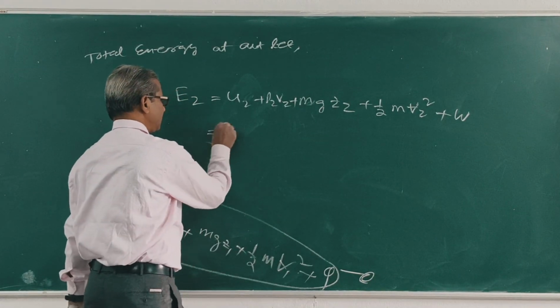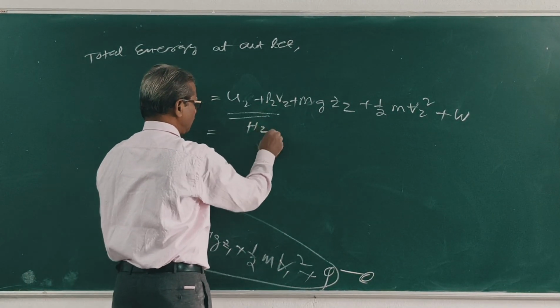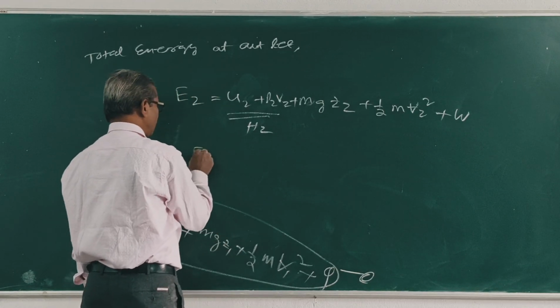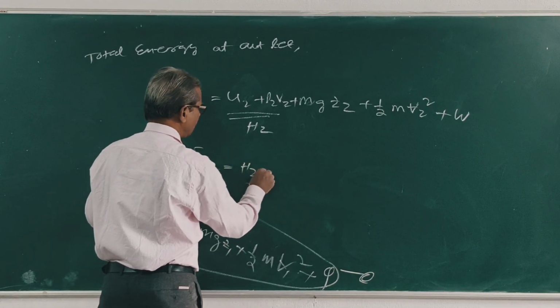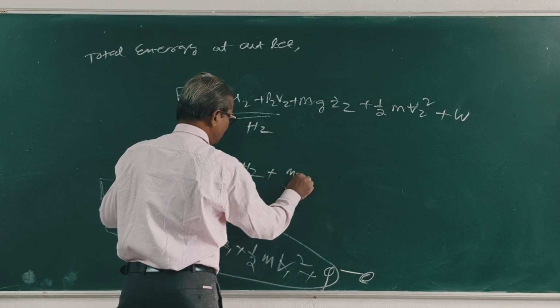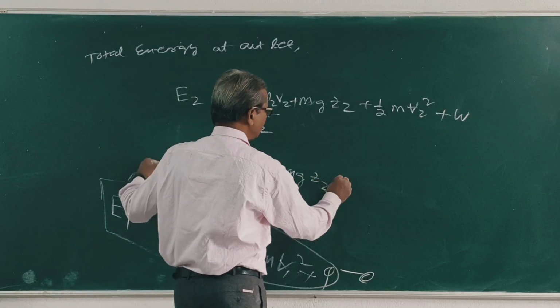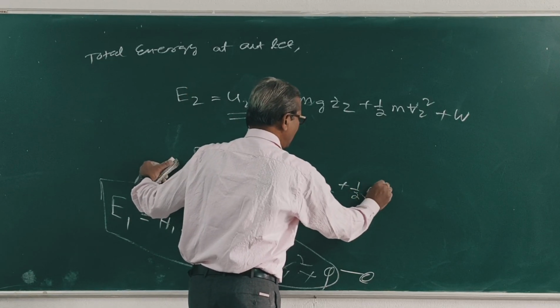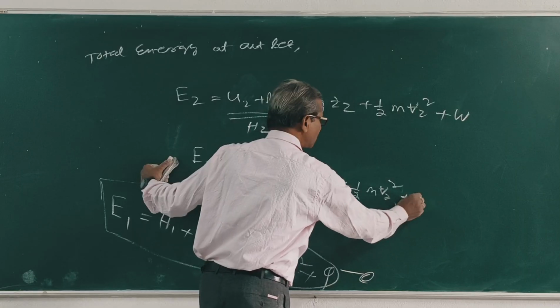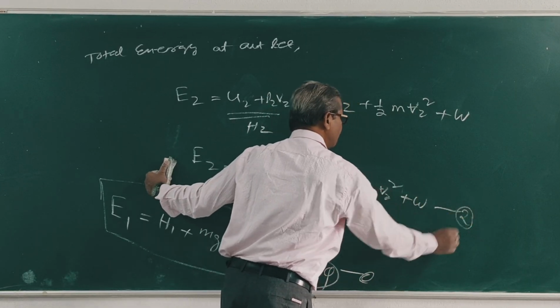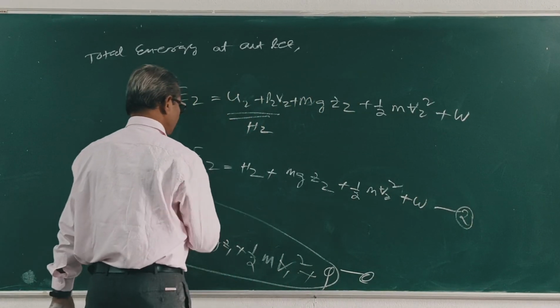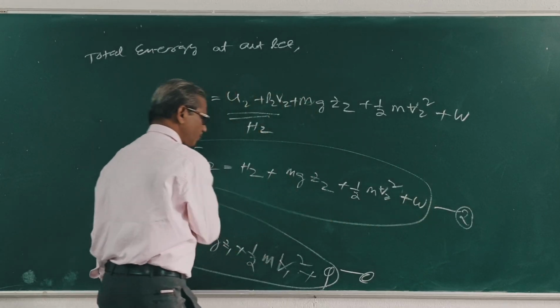So what is this? H2. E2 is equal to H2 plus mg Z2 plus half m v2 square plus W. This is equation 2, clear?